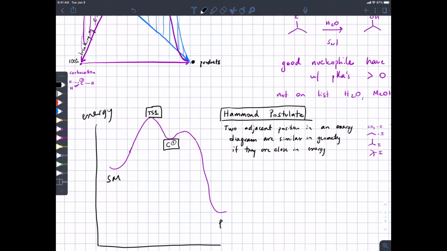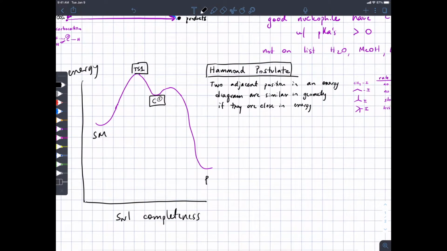The reason behind the Hammond postulate is just that changing structure requires energy. So if you change the structure dramatically, the energy should also change dramatically. So if two places on the energy diagram are adjacent and close in energy, they have to be similar in structure. The conclusion, the so what here, is that the transition state 1 resembles the carbocation in structure.